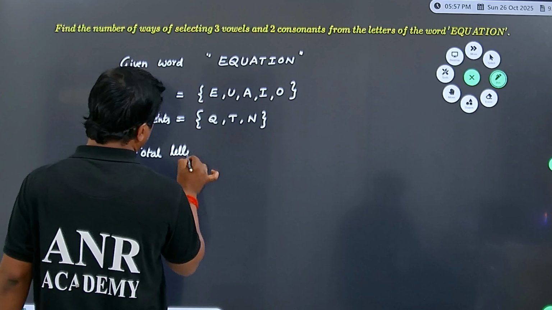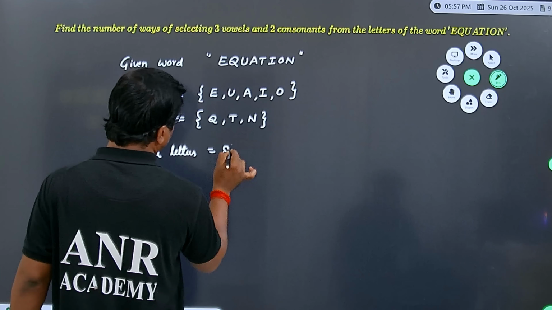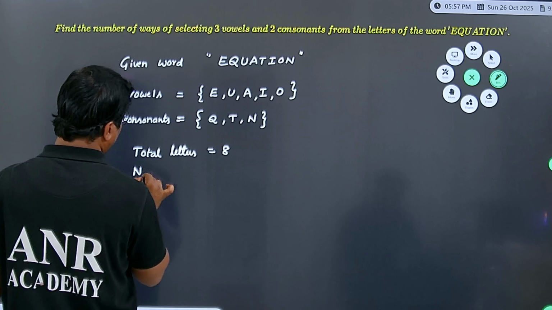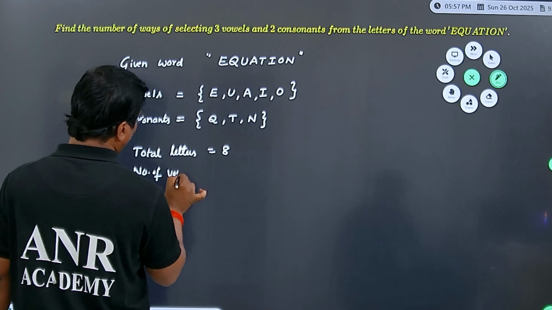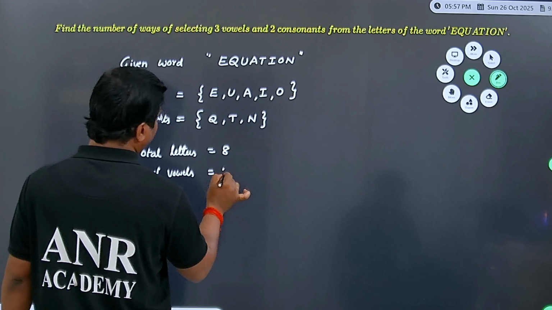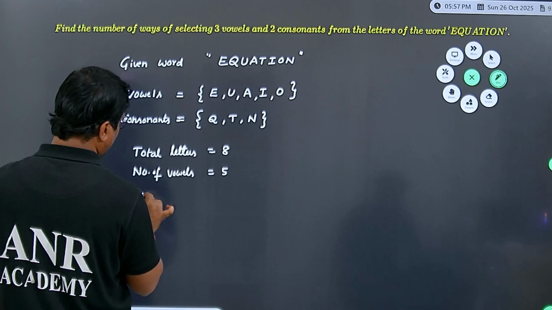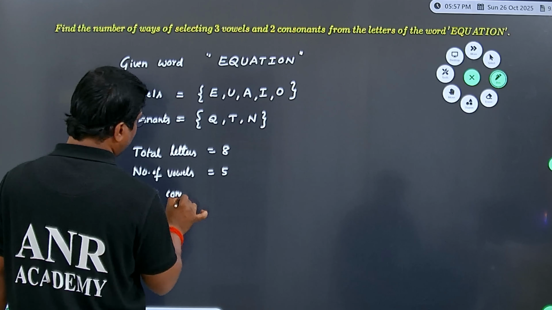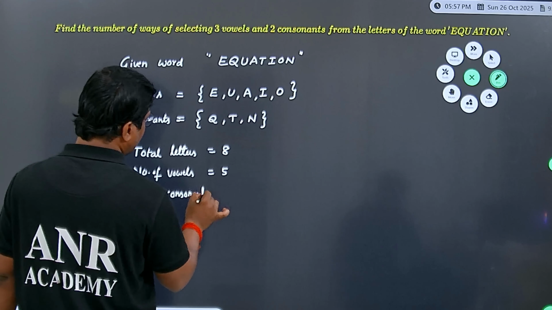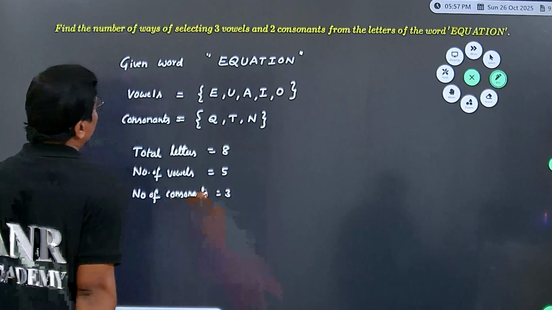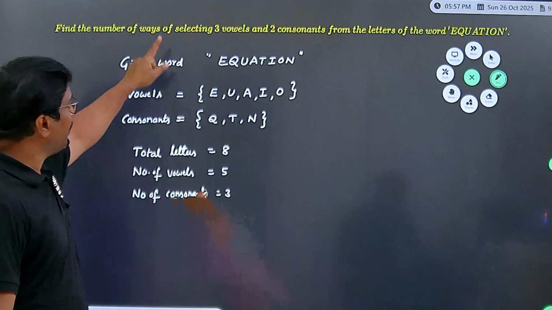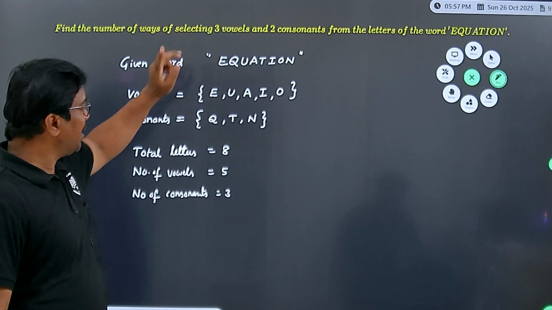Number of vowels 5, number of consonants 3. But here the requirement is we need to select 3 vowels and 2 consonants.